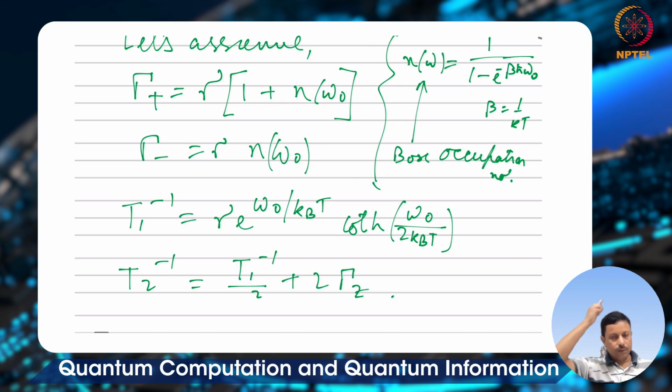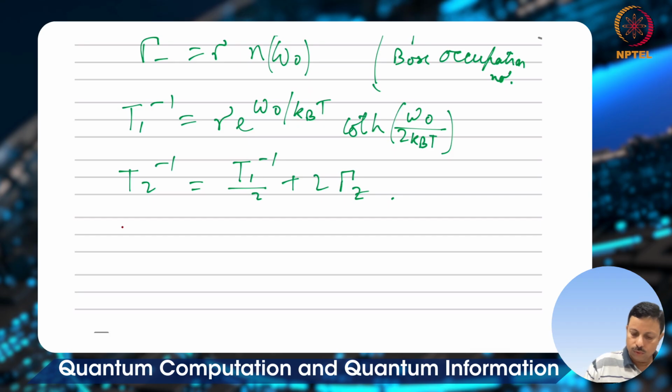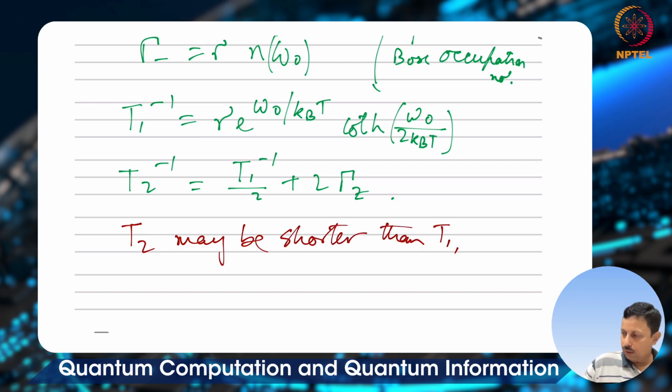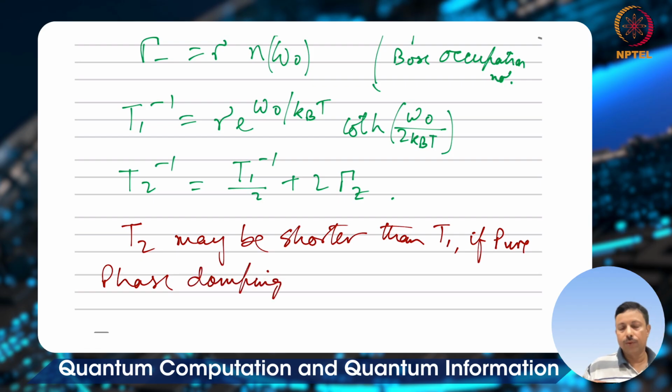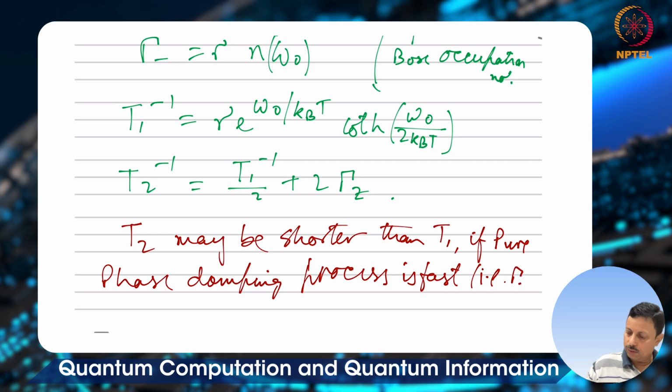Notice that T2 may be shorter than T1 if the pure phase damping process is fast, that is gamma z is large, as is frequently the case.